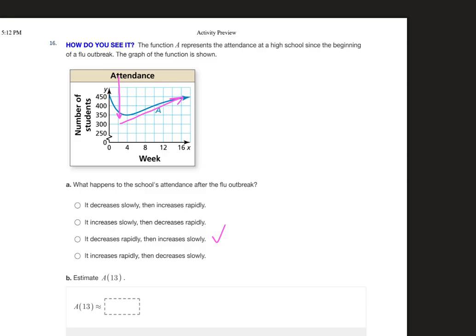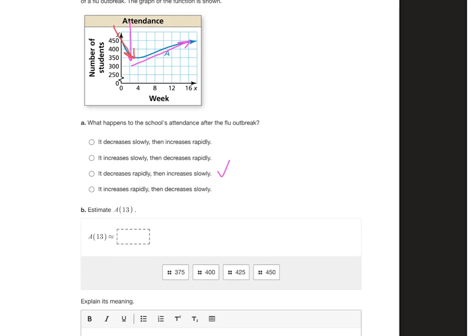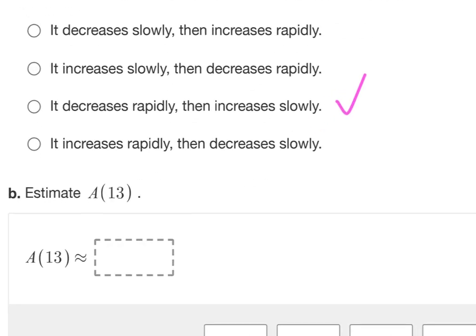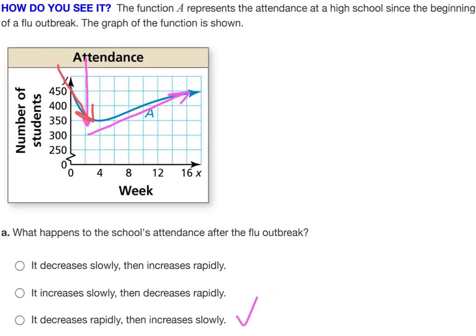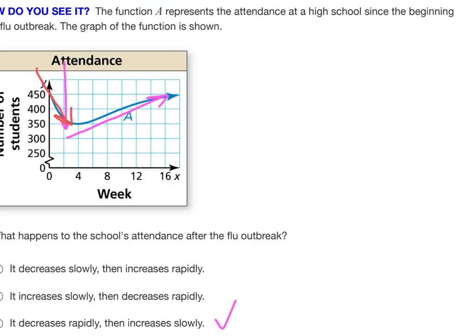And if you're a little confused on how that is, doesn't it appear to decrease kind of quickly? Here would be a slow decrease, or slower, I guess you could say. And then it says estimate A of 13. So we're going to look here at 13 and say that it's roughly right there. Let me erase my other line, maybe it'll be a little more helpful.